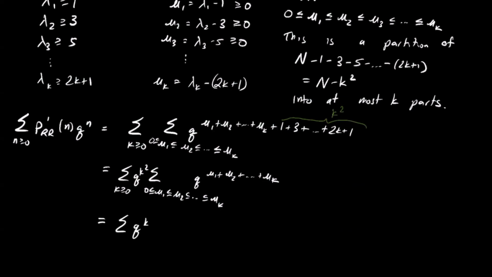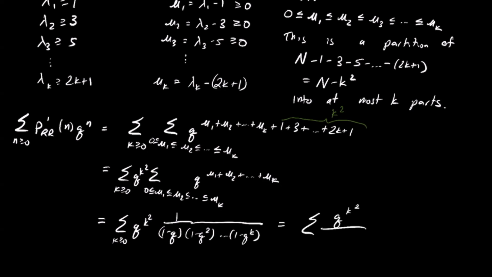Just a second ago, we saw that the partitions of an integer into at most k parts are given by 1 over 1 minus q squared up to 1 minus q to the k, right? And so we get this rather elegant expression for our generating function. This is going to be q to the k squared over 1 minus q squared up to 1 minus q to the k. All right, so this is k bigger than or equal to 0.